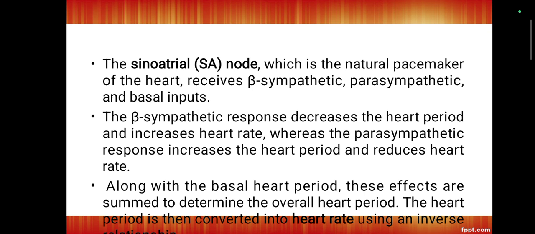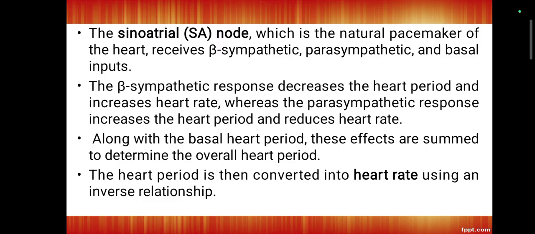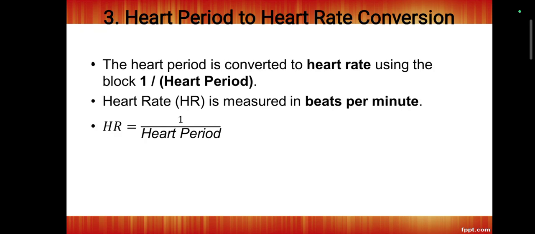This heart period is then converted into heart rate using the inverse operation. Here in this SA node block, there is the heart period to heart rate conversion, which is measured as HR equal to 1 by heart period.